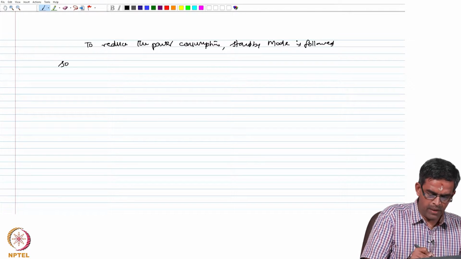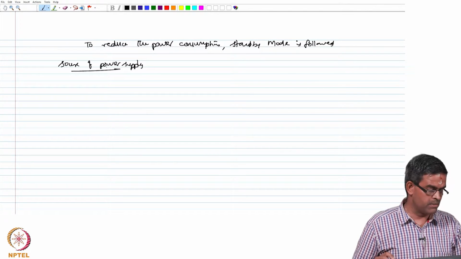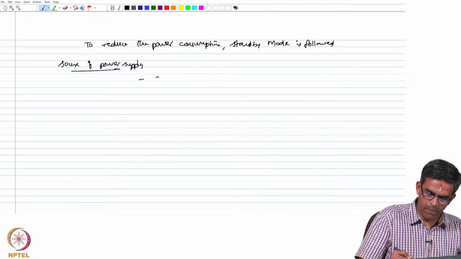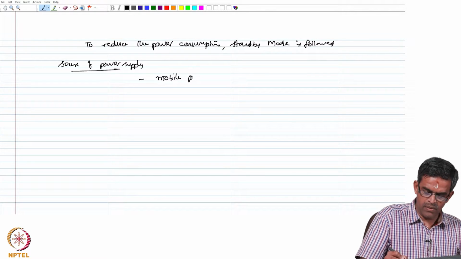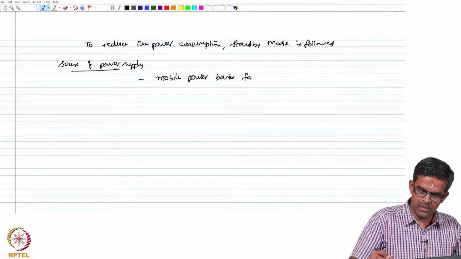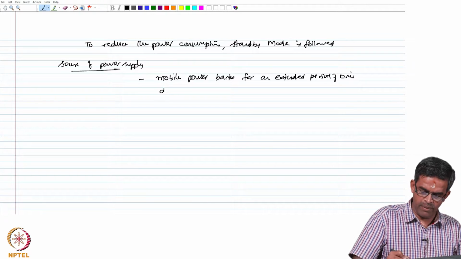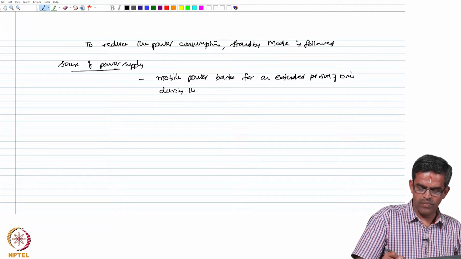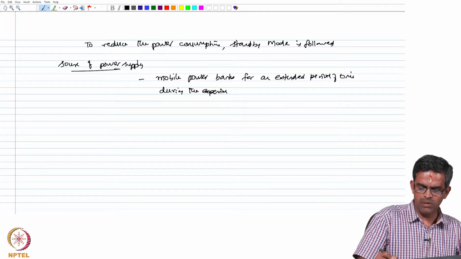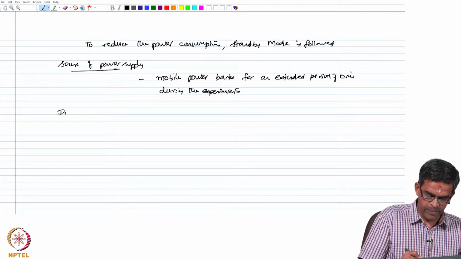Now, the source of supply for power in the lab scale for the present system design is taken from the mobile power banks for an extended period of time during the experiments. Okay. So, this is possible in lab scale, but in real scale this is a challenge.